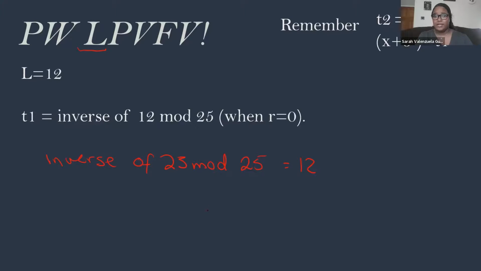And we all know that if A is the inverse of B, B is the inverse of A. So we know that if 12 is the inverse of 23, then 23 must be the inverse of 12.